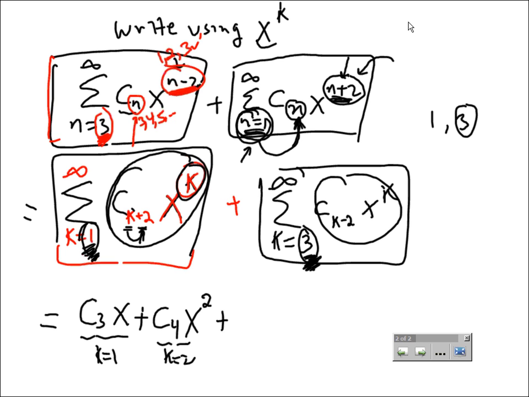And remember, k goes from 1 up to infinity. K is 1 and then 2, and then it's 3, 4, 5, 6 to infinity. Well, I can write the 3, 4, 5, 6 to infinity as a summation as k goes from 3 to infinity plus c sub k plus 2 x to the k.